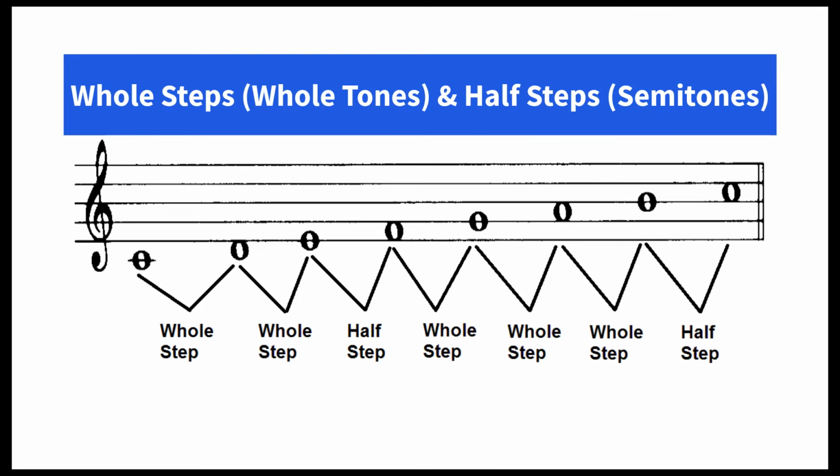For instance, the distance between E and F is a half step. There is no key between E and F. The distance between C and D is a whole step. There is one key between C and D.